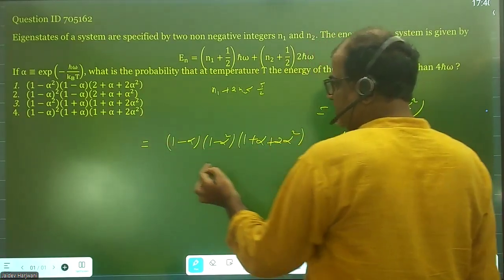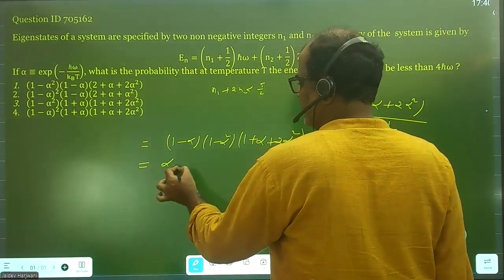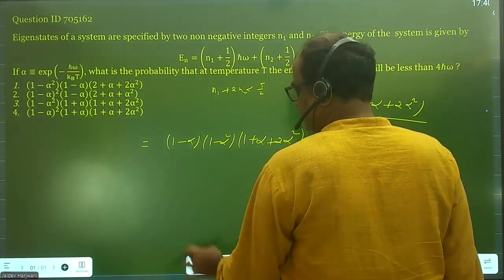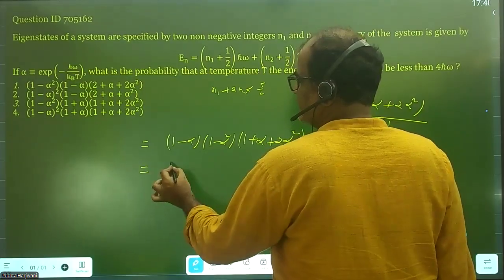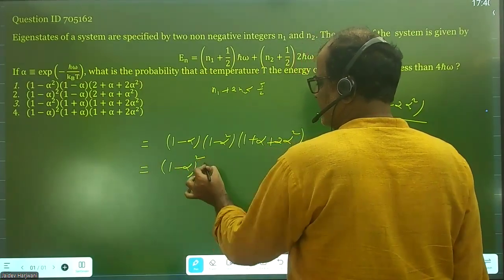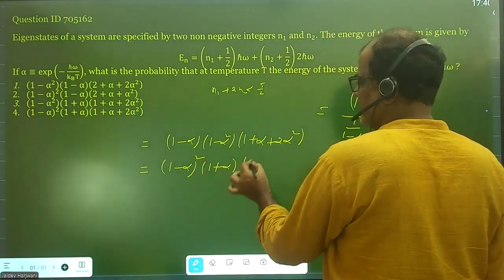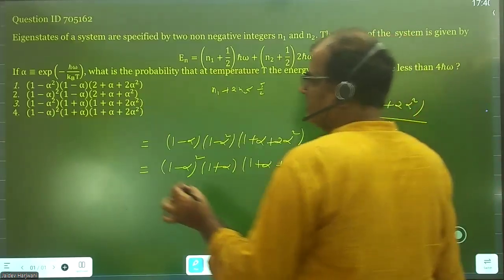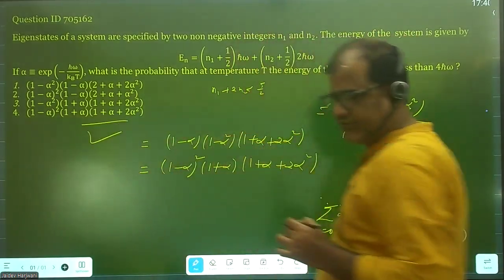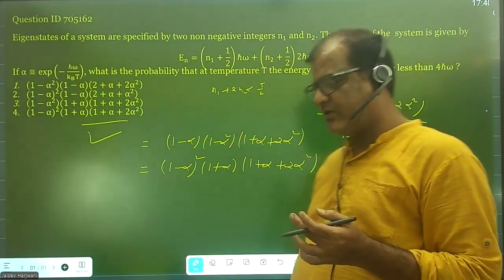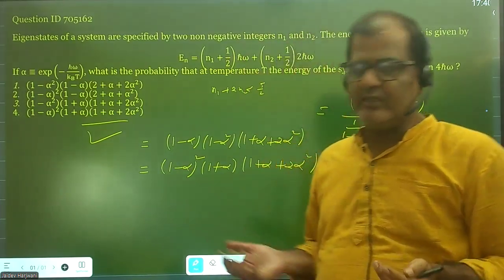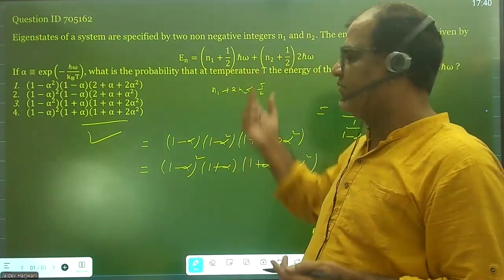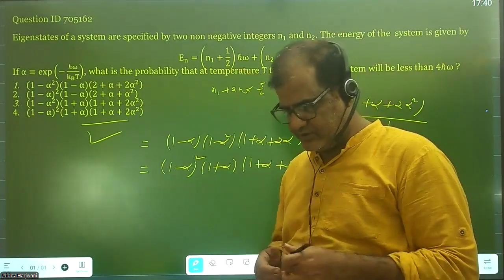None of the options match, so you can simplify further. Writing 1 − alpha squared as (1 − alpha)(1 + alpha), this gives (1 − alpha) squared (1 + alpha)(1 + alpha + 2 alpha squared). So option 4 is the correct answer. You have seen I have used the Boltzmann statistics for calculating the probability, and you have a harmonic oscillator. This is a very nice problem.